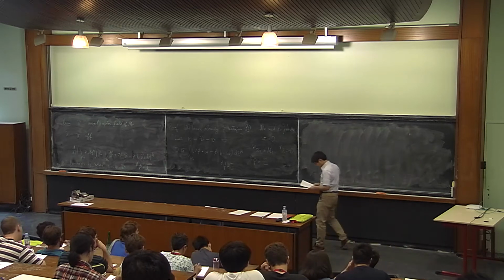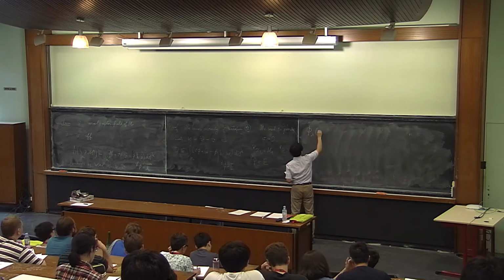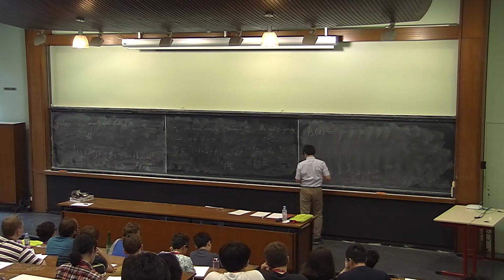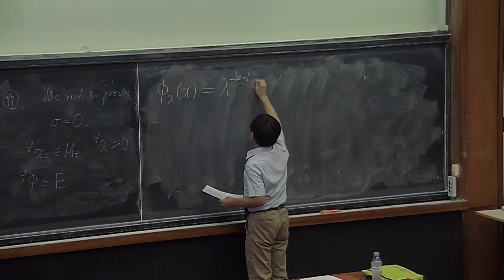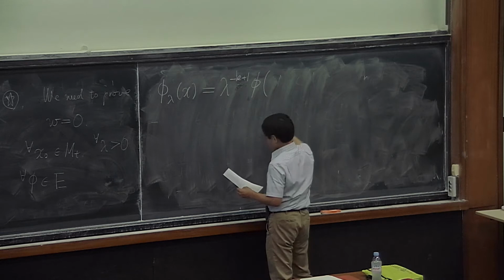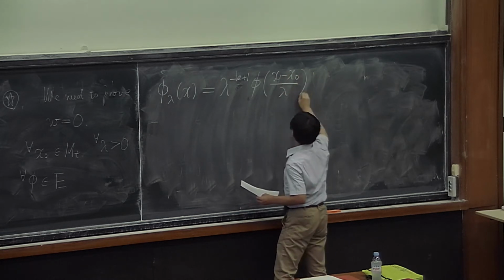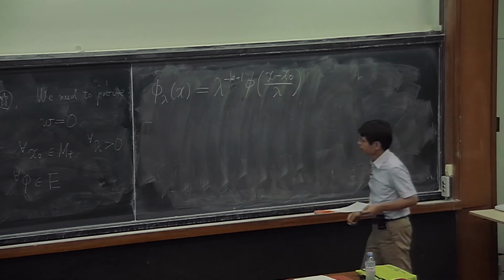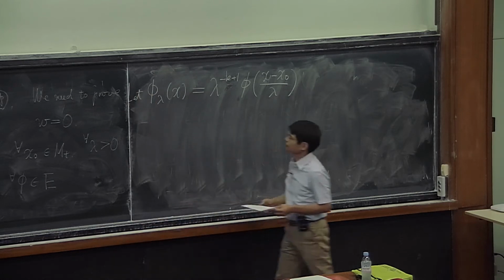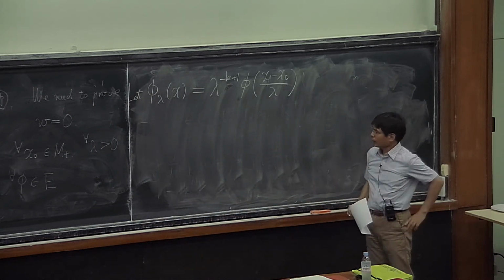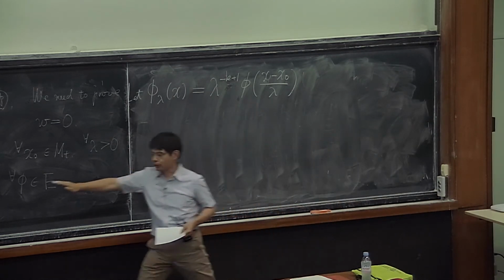You just define phi lambda of x to be lambda to the minus k plus 1 times phi of x minus x0 divided by lambda. Okay? You just define this function, and you plug this into this formula.